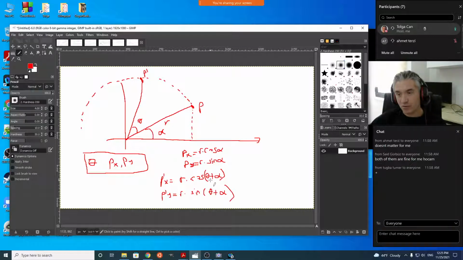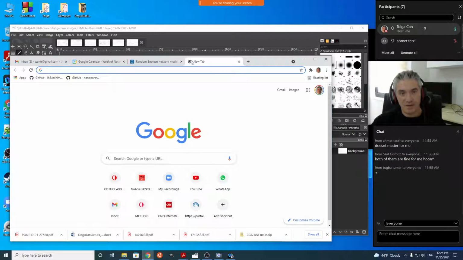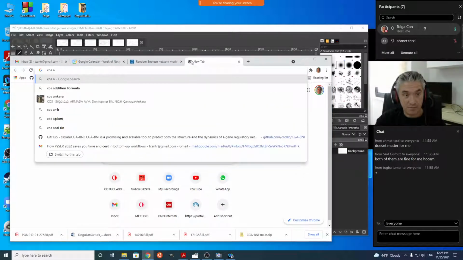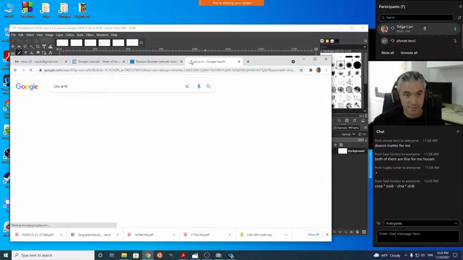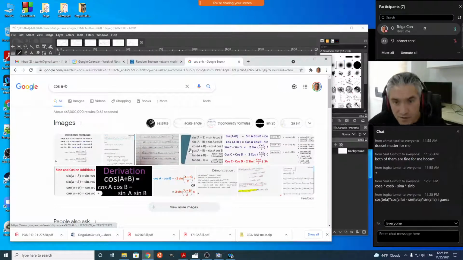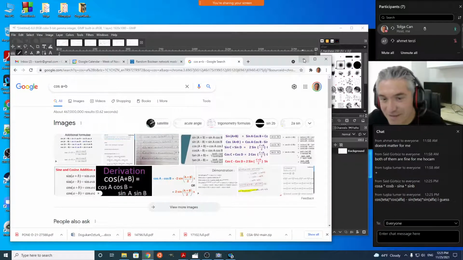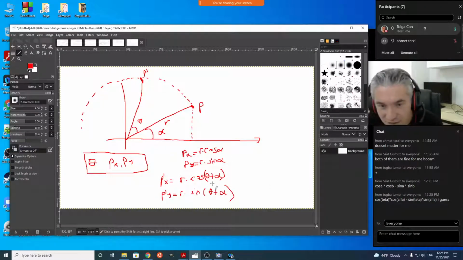I want to write cos of theta plus alpha as separate angles in which there's a multiplication of two cosines and maybe subtract from them some sine. So let me go to Google. Cos A plus B. Oh, I have lost the formula. Yeah, thank you for reminding me that. So it's actually, as I said, I remember it correctly.